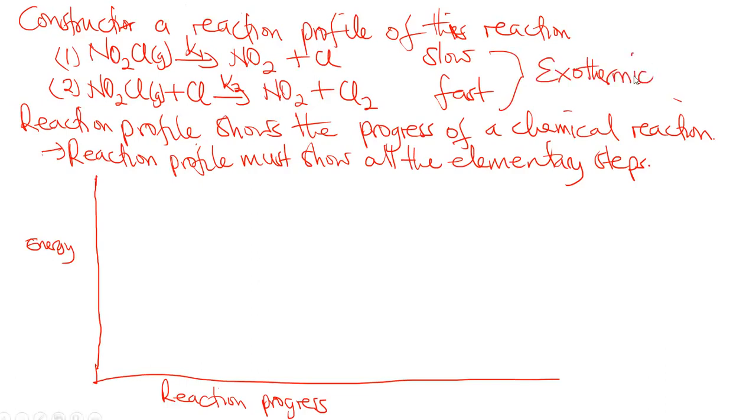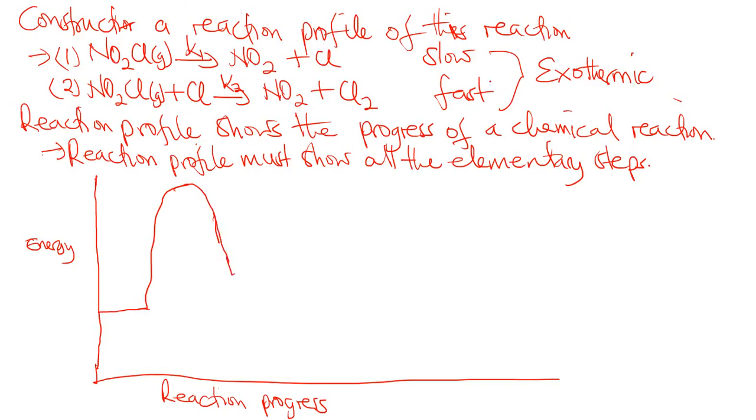So if you want to draw a reaction profile for this reaction, we need to take note that it is exothermic. So I will start here with the first step. The first step captures this reaction here, and we know it is slow. So it will have a big bump because it's a slow reaction. That is step one.